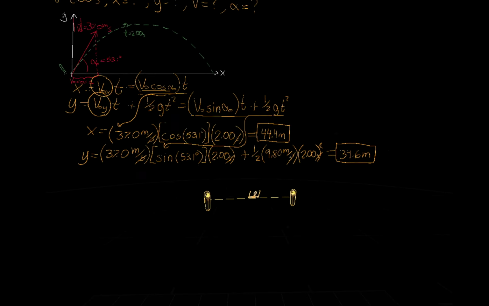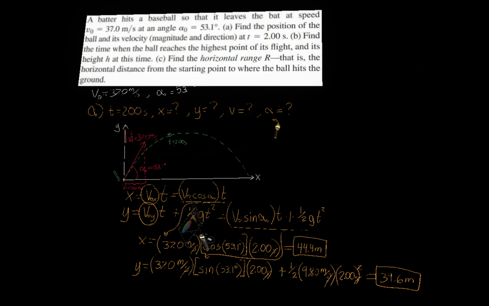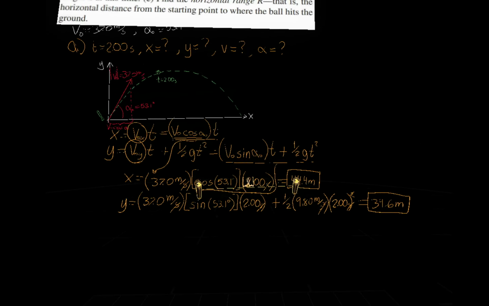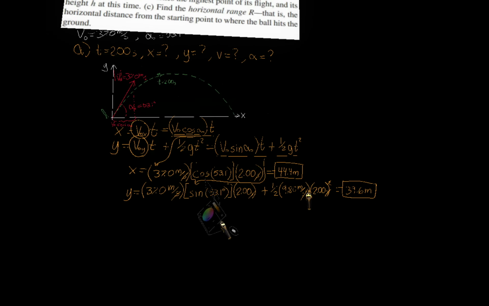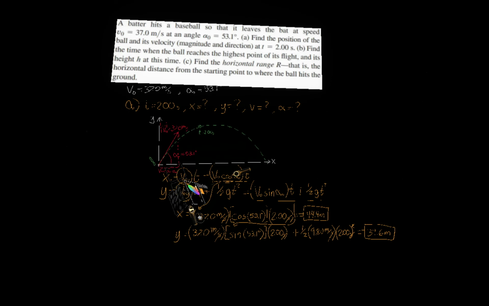Alright, so next, our task was to find v, and the angle that it made with the horizontal. So already what we've solved for, this x and y, we could find, like I had said in the previous video, the position vector, and we can find how much in the x and how much in the y it is, because we have r, the position vector, is equal to x, y.